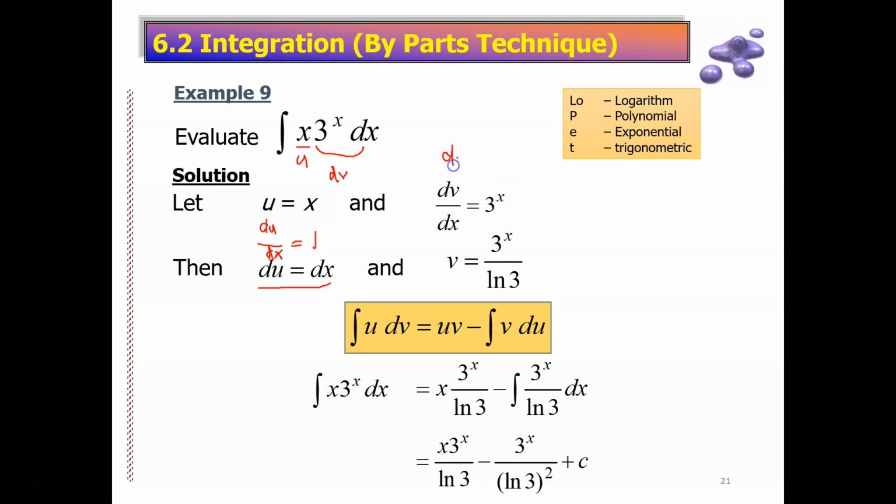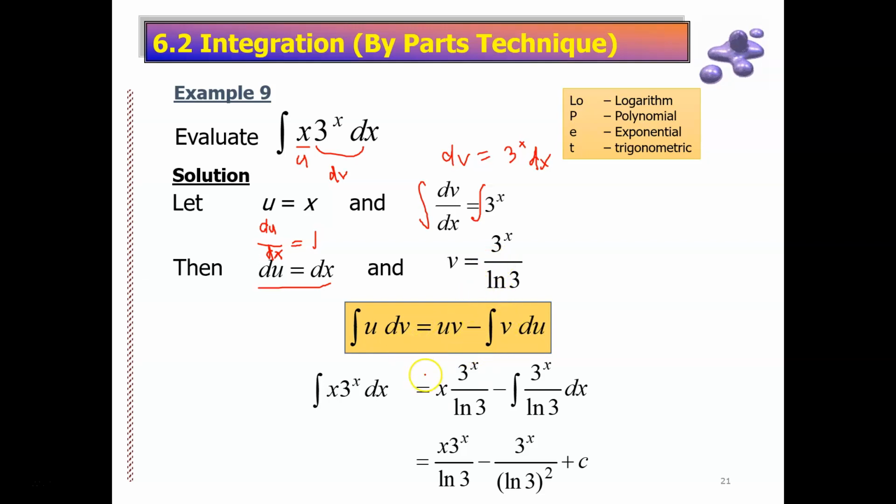Kita punya dv adalah 3 to the power x dx. So, kita mau dalam bentuk dv over dx, bawalah dia ke sebelah sini. And then you're going to integrate both part untuk dapatkan sebutan v. Kenapa mau dapat sebutan v? Sebab kita mau masukkan dia dalam this by part formula yang memerlukan kita cari v, du, dv, semua tu.